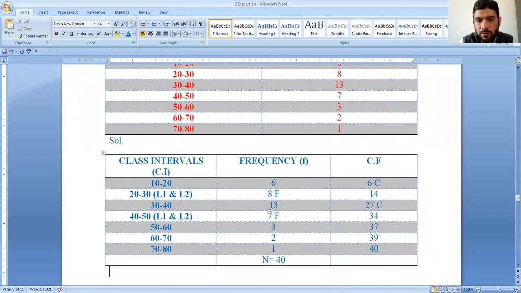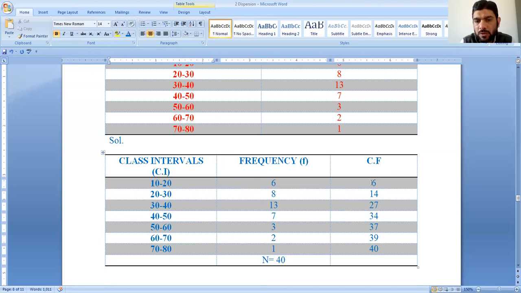Cumulative frequency will come in this manner. Let me change the values. Now, with the help of the same question, we have to find out percentile range.